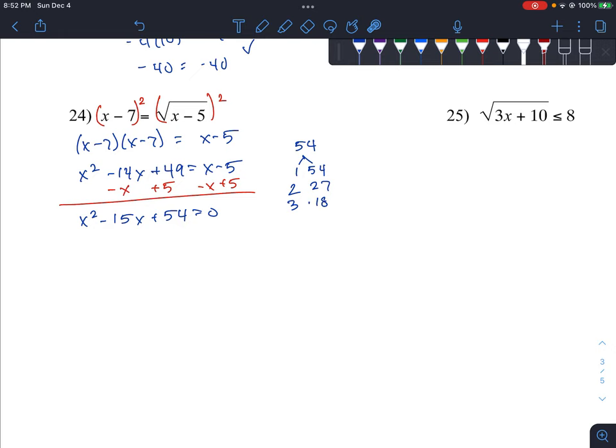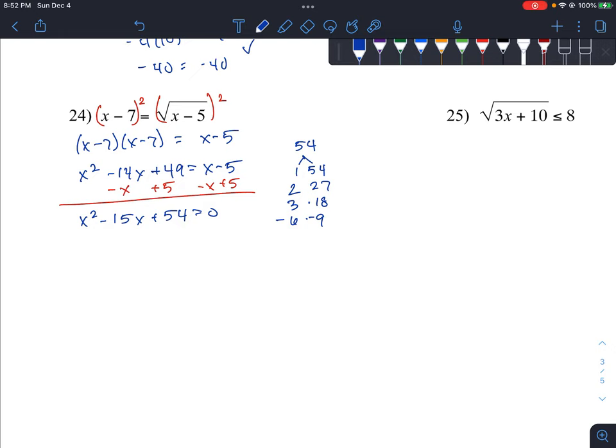So both have to be negative or both have to be positive, which would not add up to be negative 15. So 54 is not divisible by 4, 54 is not divisible by 5, 54 is divisible by 6, so it's going to be 6 times 9. Okay, so negative 9 and negative 6.